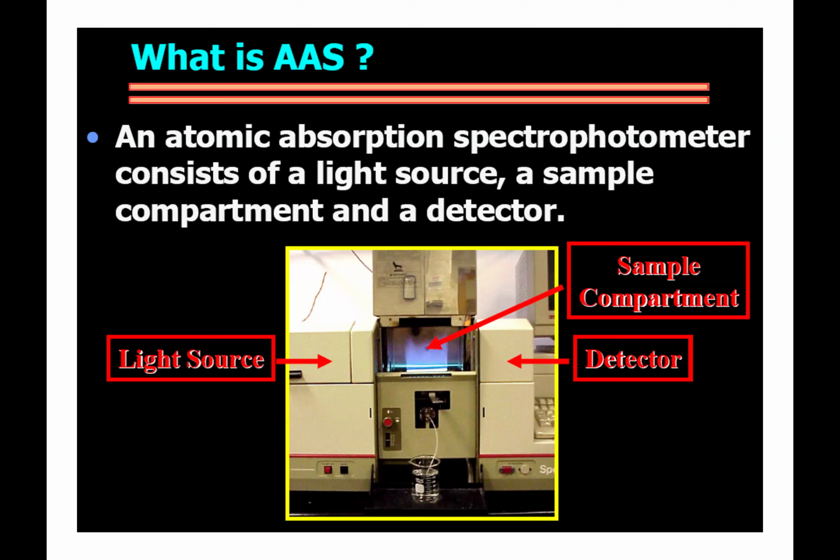Do you know that in AA, actually the sample holder is not a cuvette, it is a flame. The flame is your sample holder, as we're going to see. I mentioned this before we get there. And that's actually very fascinating for this kind of thing. So you hold your sample, the compartment, and this flame is your sample holder. It holds the atoms. Then you have a detector, and in this case, the detector is a PMT.